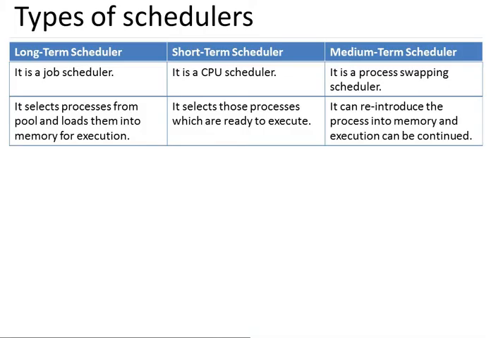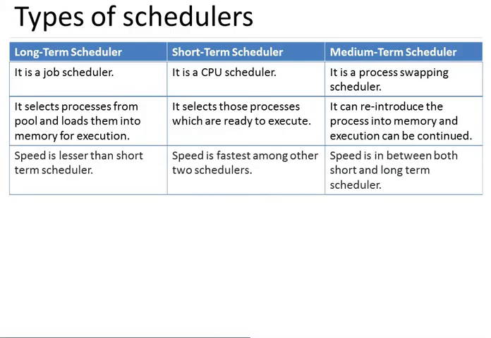As I have said, it can be because the time slice has expired, or due to some other reason this process is interrupted, and if a particular event occurs again, it is reintroduced into main memory.